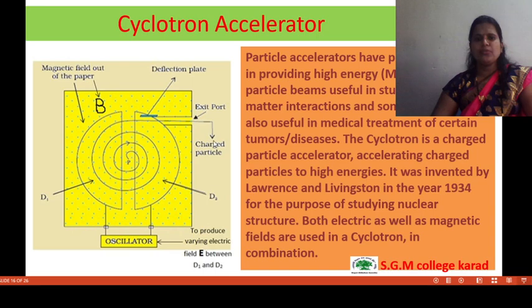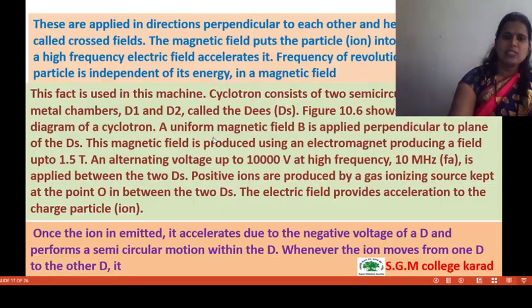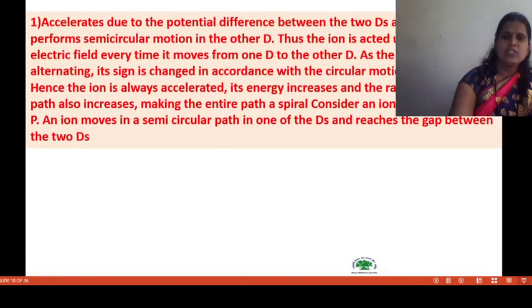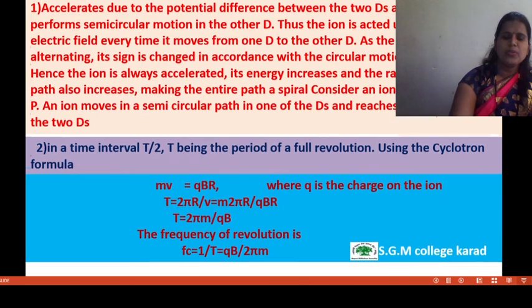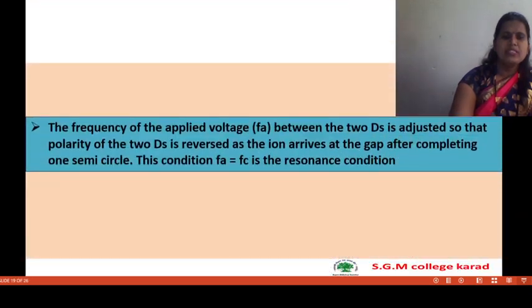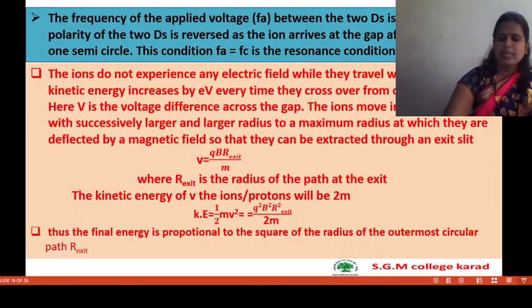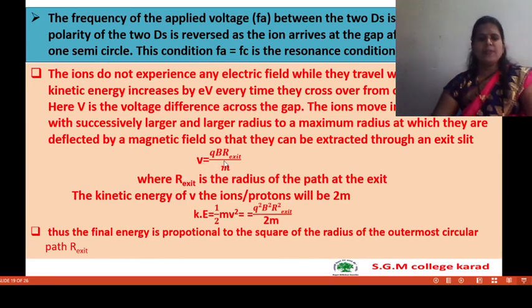This is known as the radius of the exit slit, R exit. Here v is equal to qBR exit upon m by using the cyclotron formula, where R exit is the radius of the path at the exit.